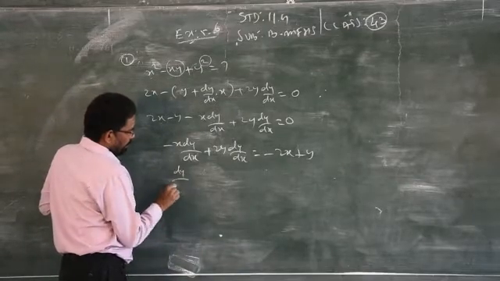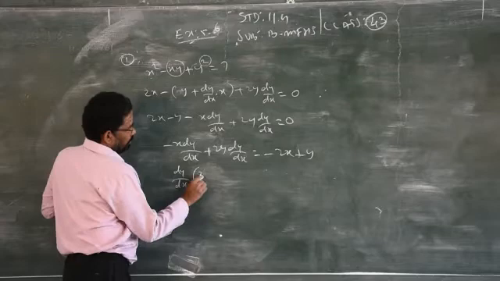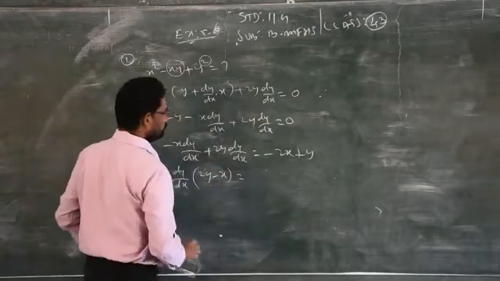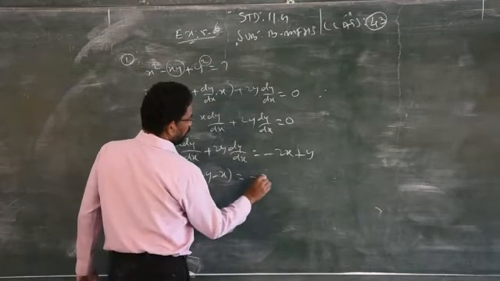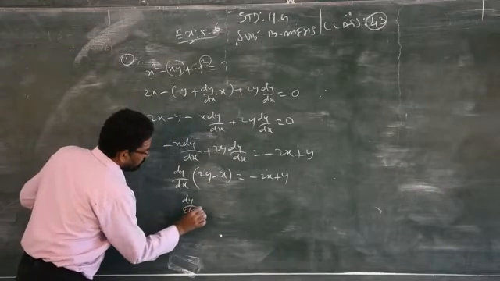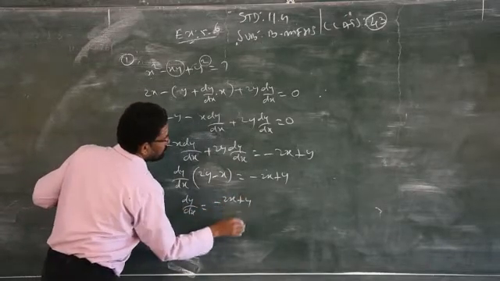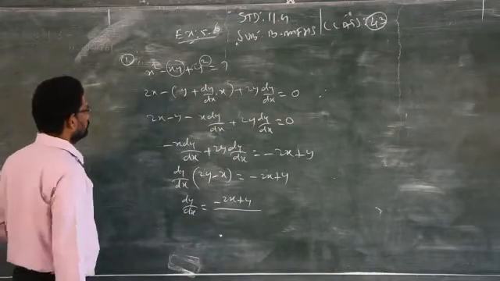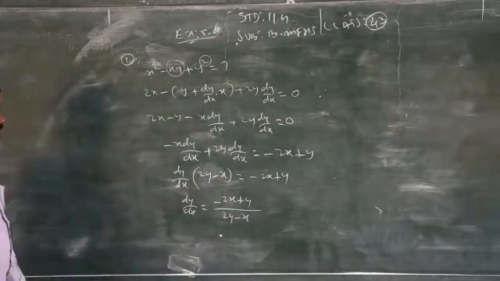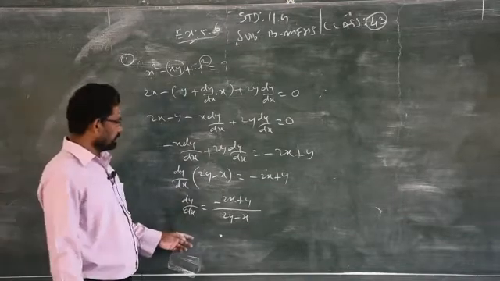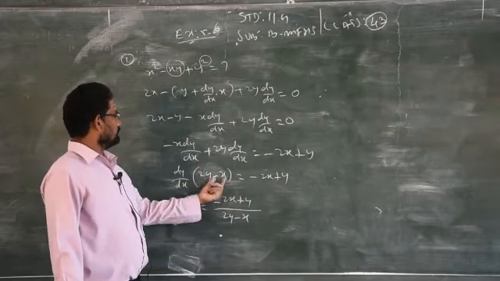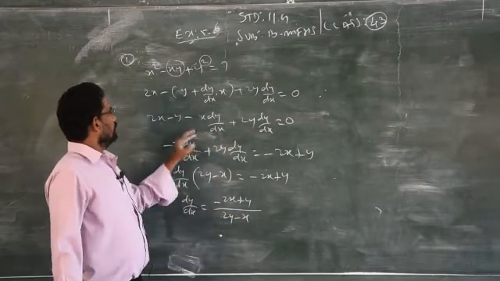So dy by dx into 2y minus x is equal to minus 2x plus y. So dy by dx is equal to minus 2x plus y by 2y minus x. This is your required answer.